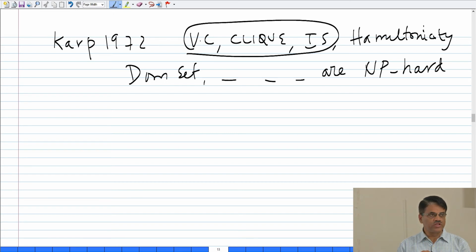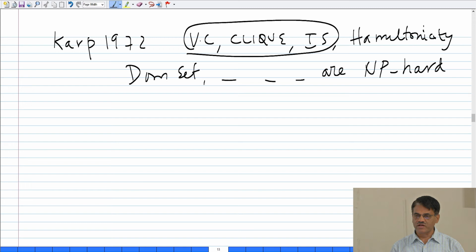Now, how would you show that any of these problems are NP hard? Well, in the next 2 or 3 lectures, we are going to see a lot of examples of it. But notice that now I do not have to start from scratch the way Cook did and say every problem in NP reduces to this problem.